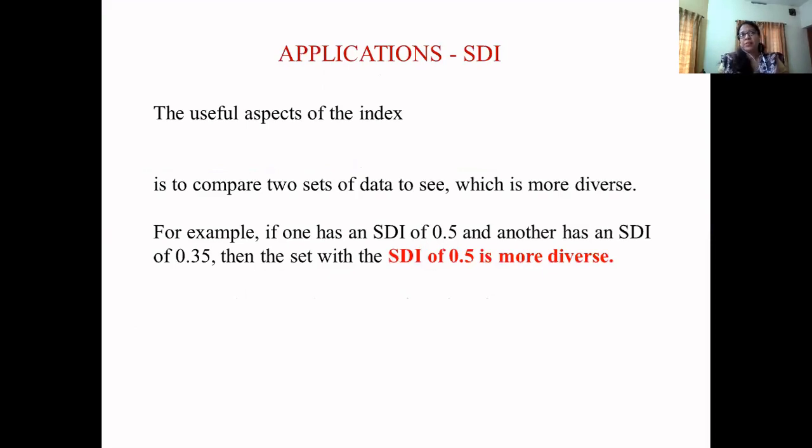What are the applications of this index? A useful aspect is to compare two sets of data to see which habitat is more diverse. For example, if one has a diversity index of 0.5 and another has a diversity index of 0.35, then the set with the highest diversity index, that is 0.5, is more diverse.